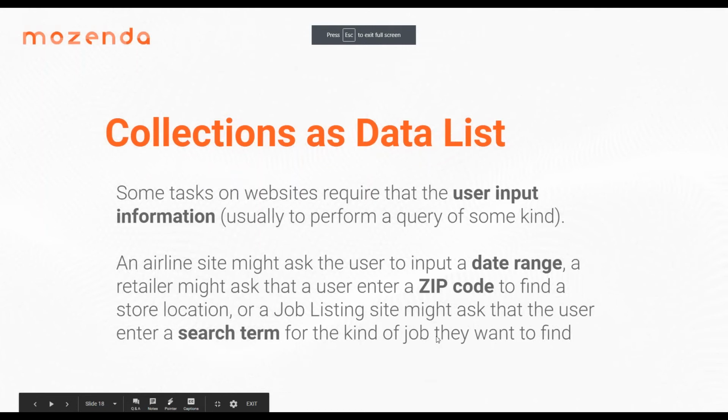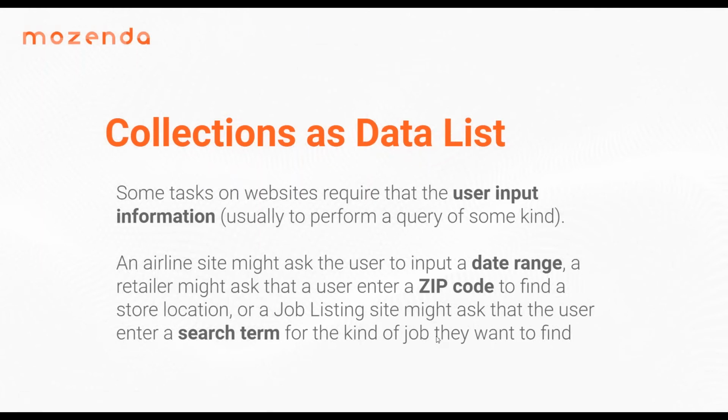So this is how your collections will apply to your agent building. When we're on a website that may require set user input information, for example, airline sites may ask for a date range, or a retailer may ask for zip codes, or a job listing site may ask them to enter search terms for the kind of job that you want to find.